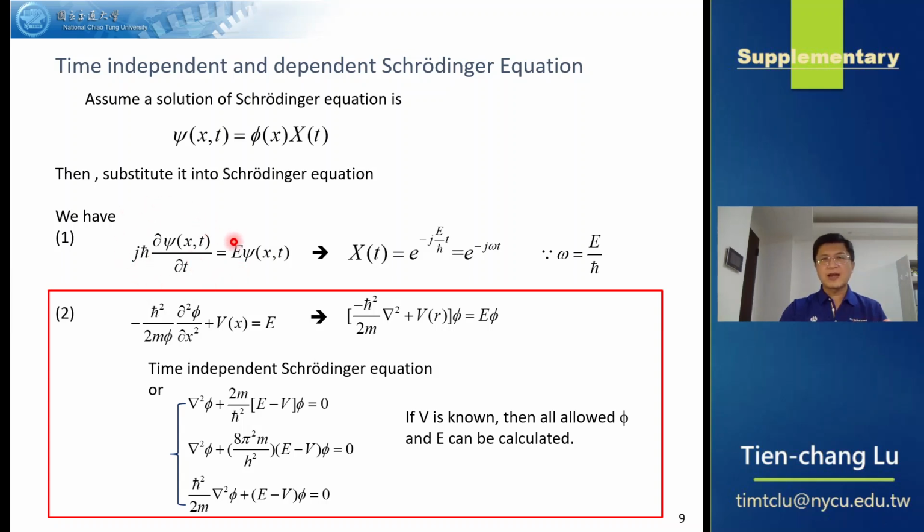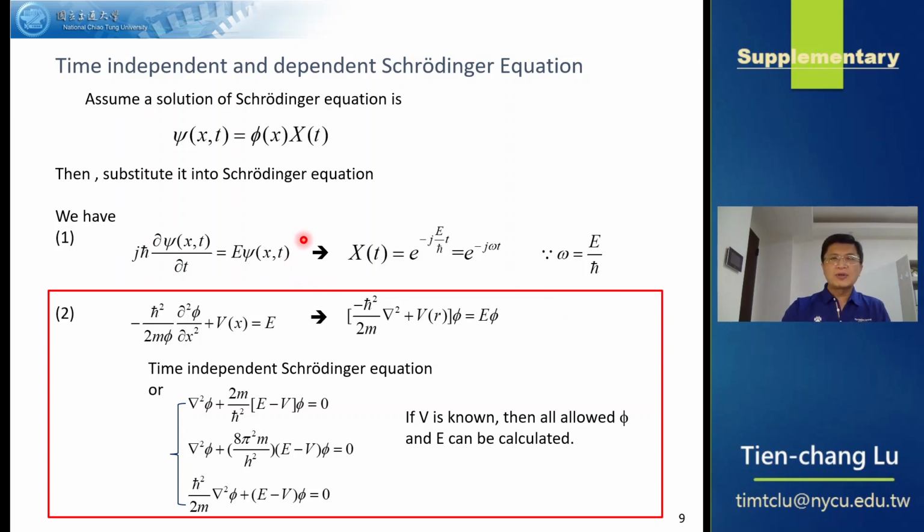The left-hand side is jħ ∂φ(x,t)/∂t, which equals Eφ(x,t). Now we separate these two functions, and we get the time part as a function of t equal to exponential of minus jωt. This is because energy equals ω times ħ.